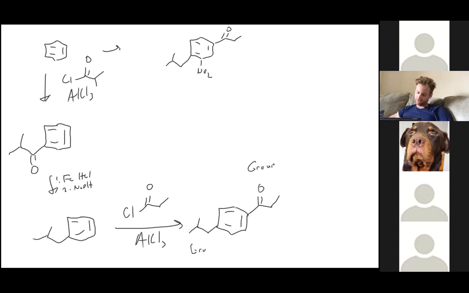Our group 3 is going to trump our group 5. So we're still adding ortho para to this group 3. Our para is blocked, which means all we have open is these ortho positions. So from here, adding in HNO3, H2SO4 allows us to get to our final product.